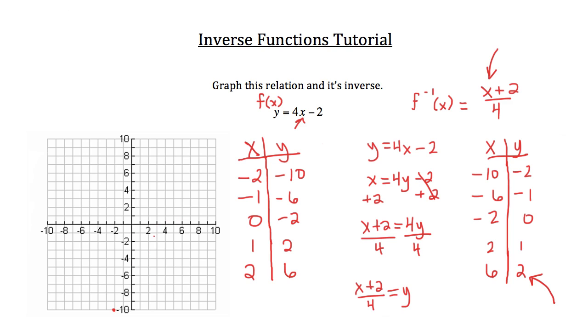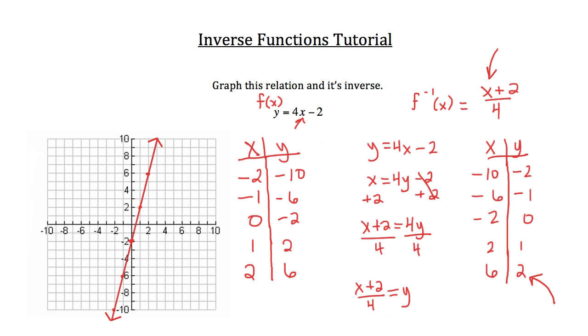For the next point, I'll go 1 to the left of the origin and 6 down and plot a point. Then at the origin and 2 down, then 1 and 2 up, then 2 and 6 up. And I'll go ahead and draw a line to connect those points. So there's our line.